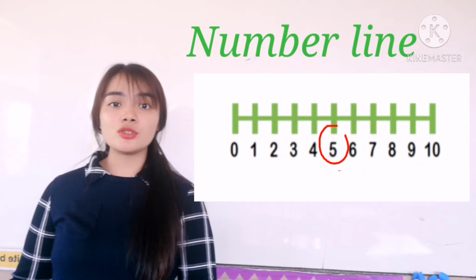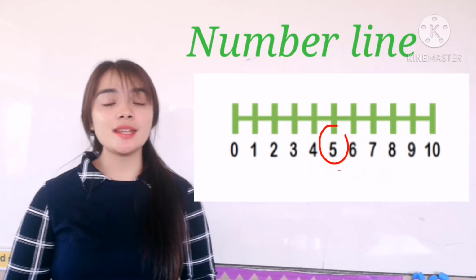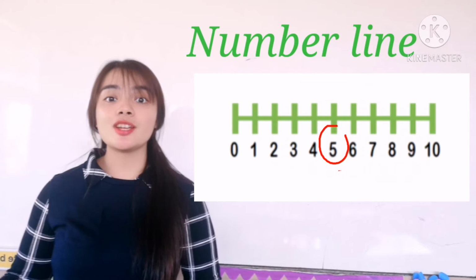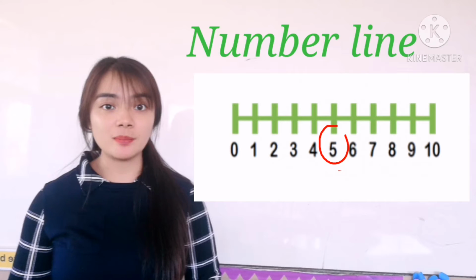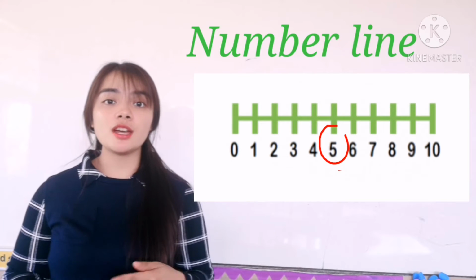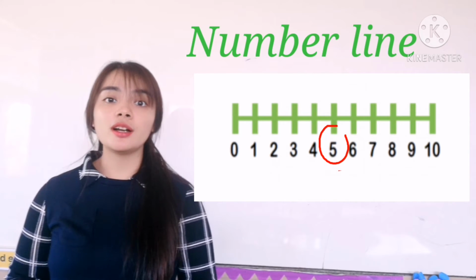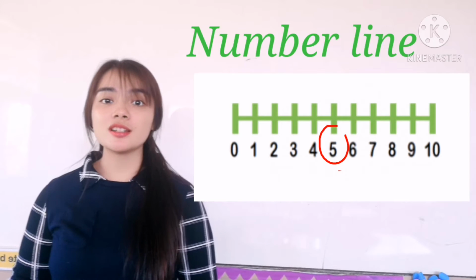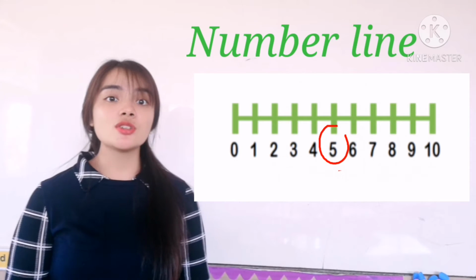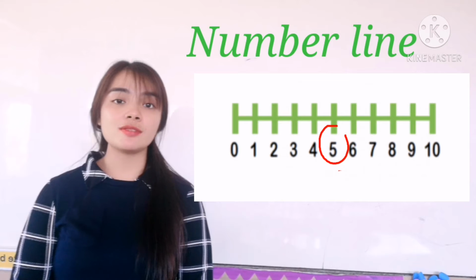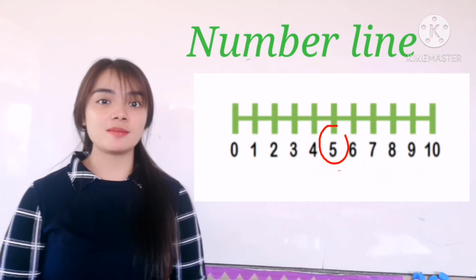From 0 to 4, we keep the original number. But if the digit is 5 to 9, then we can round up.